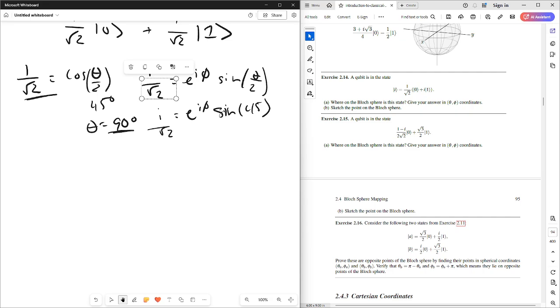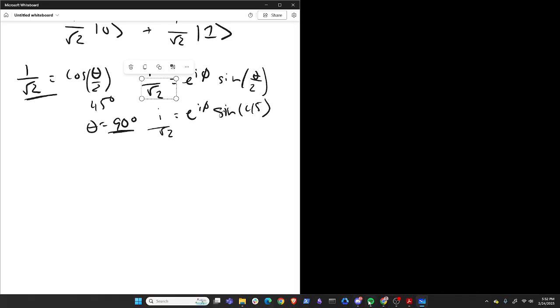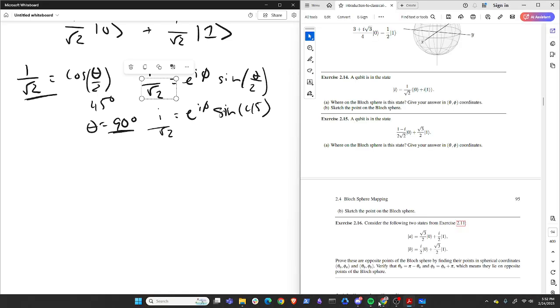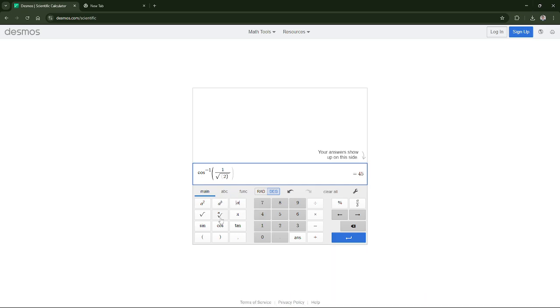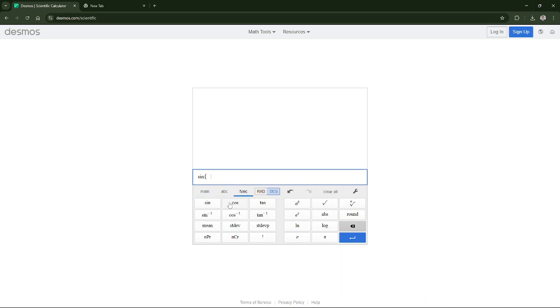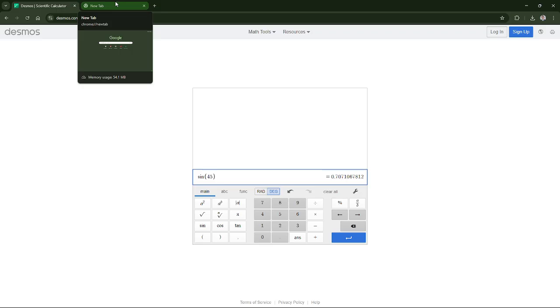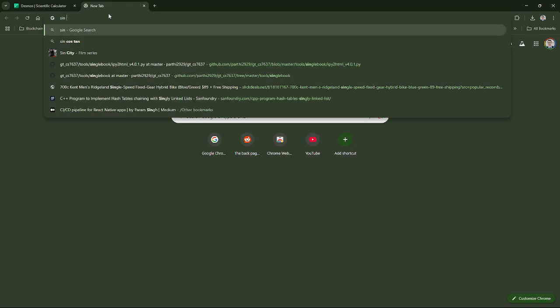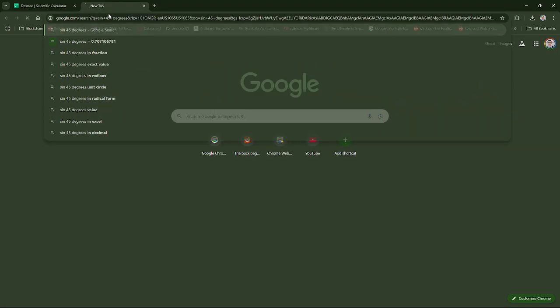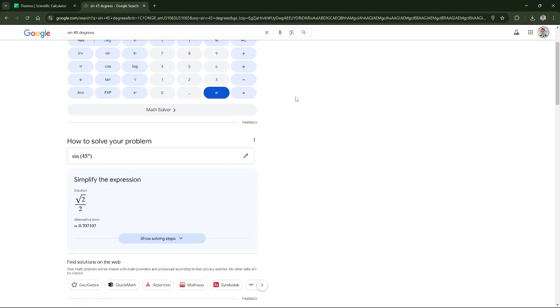So let's just do real quick, let's do sine of 45. Oh, that's not it. I really should remember my unit circle by this point. Square root of 2 over 2.